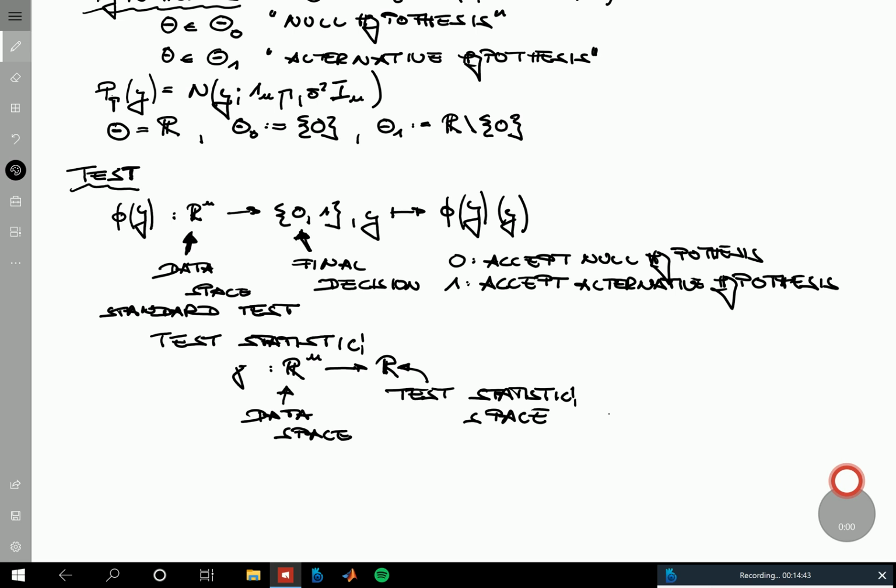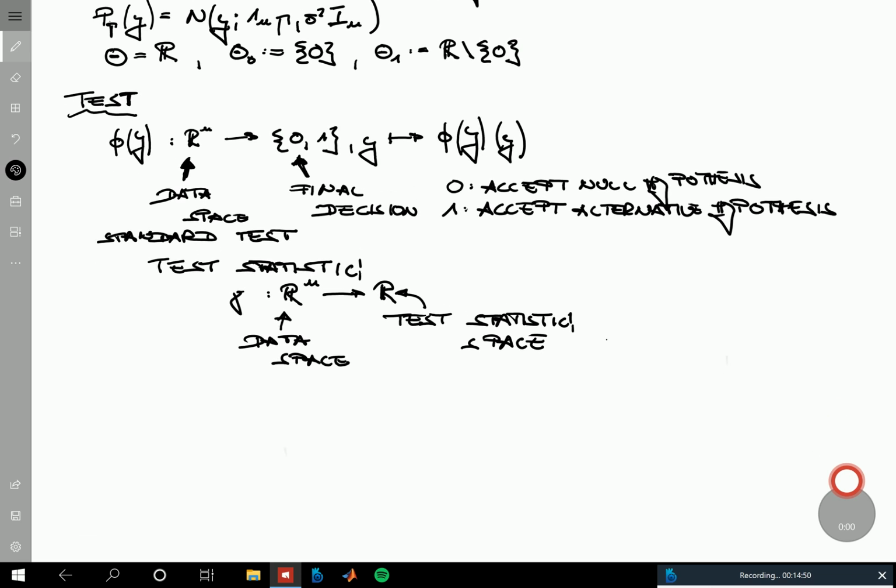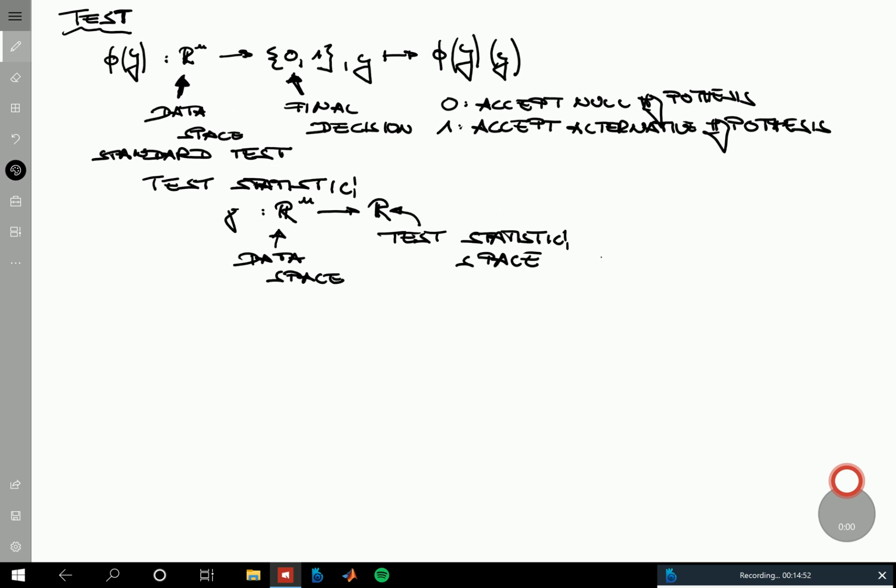Another single number that one often encounters in fMRI is the cluster size. But yeah, you somehow project the data onto a lower dimensional number, which is called the test statistic, and then on the test statistic you use some decision rule, delta.